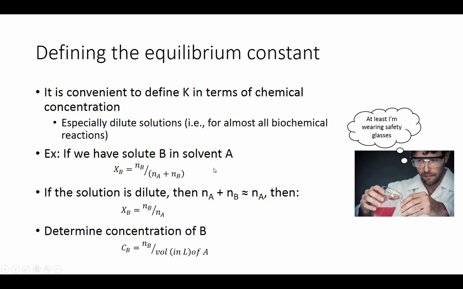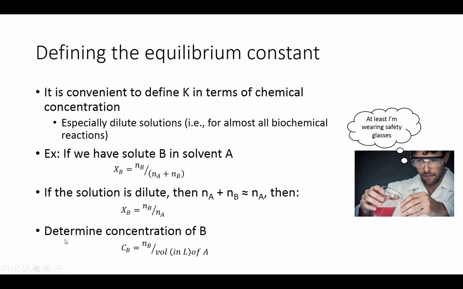So if we have a two-component chemical system here, if we have solute B and solvent A, the molar concentration of B is the number of moles of B divided by the number of moles of A plus the number of moles of B, or the total number of moles in this case. But if we've got a really dilute solution of B, then essentially that Na plus Nb is roughly equal to Na. So we could simply write Nb over Na as our molar concentration, and we wouldn't be wrong about that.